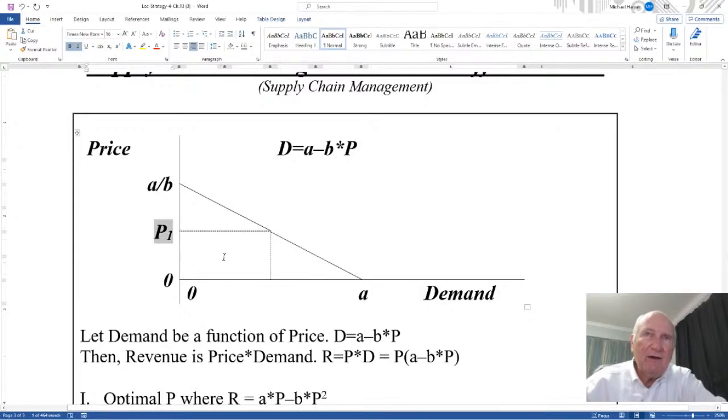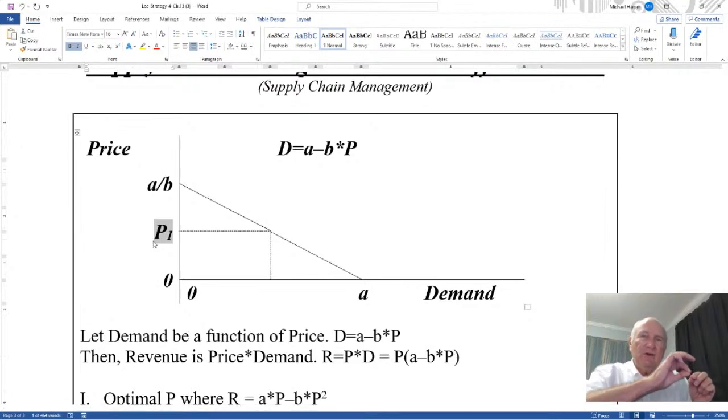Okay. Now, if I lower the price, then I'm going to increase my demand. But since I have this relationship here, the area then gets less. If I increase my price, I'll decrease my demand. And this rectangle, the area is less. So there's an optimal price here which maximizes the revenue.